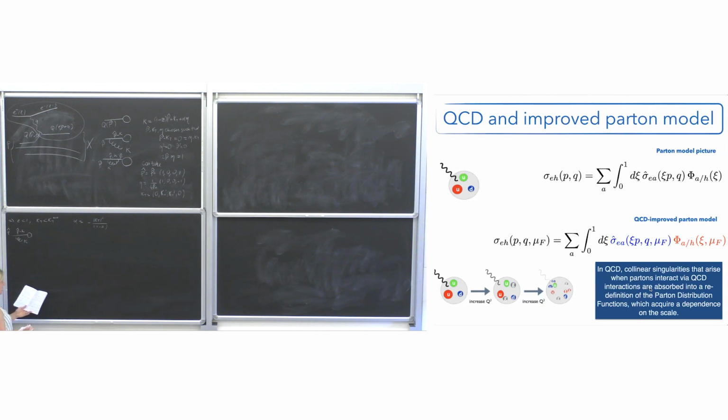So we need two things. We need the phase space and we need the matrix elements, okay? So for the phase space, the extra phase space you've got here is the K particle, the emitted gluon. And you can write d3k.